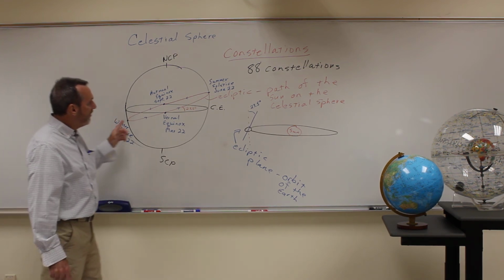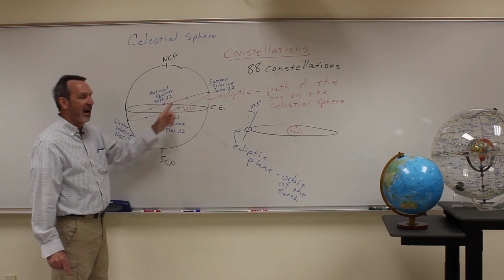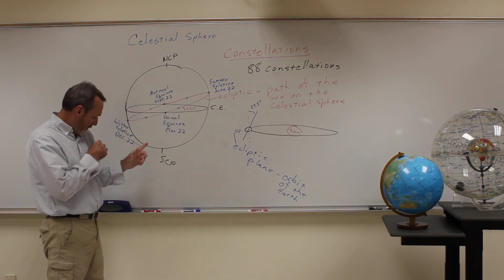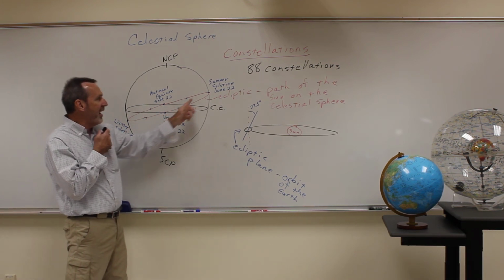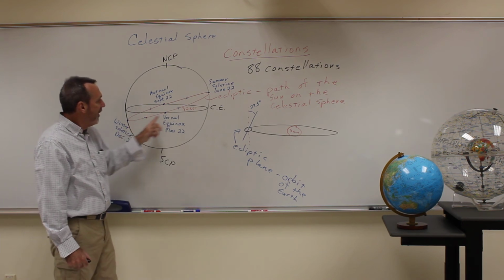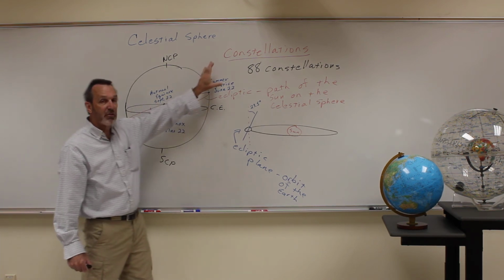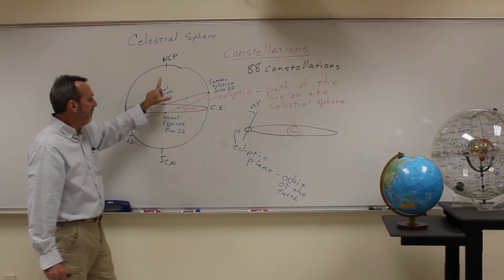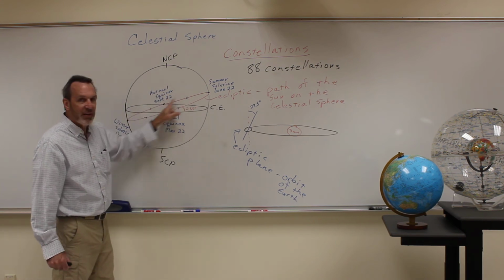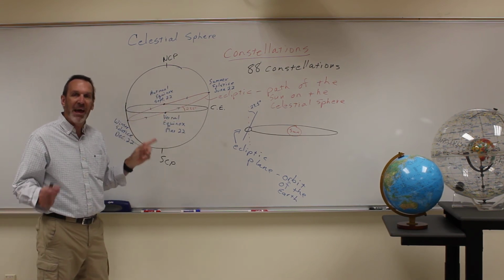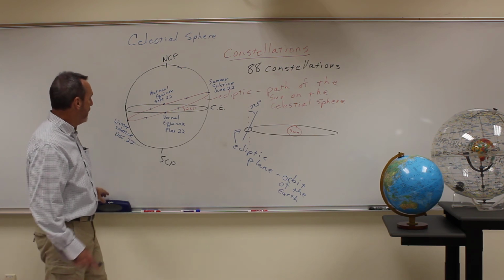So, this path of the sun across the sky is called the ecliptic. Well, constellations that lie on this path, all the constellations, remember the constellations are all over the globe, the celestial sphere. The ones that lie on this ecliptic become very important because the sun passes through those constellations every year. We have a name for those.